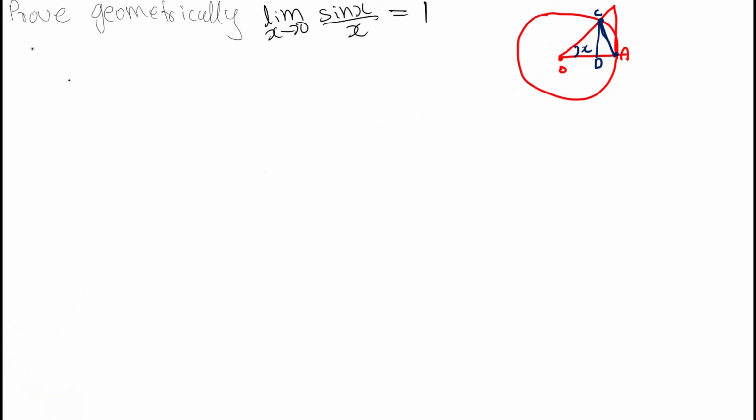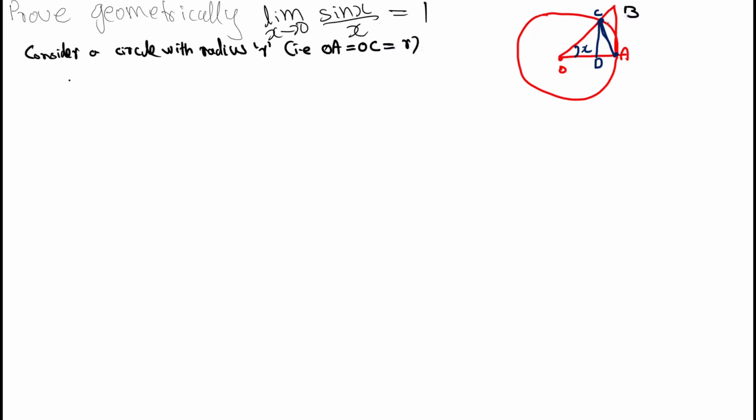First write, consider a circle with radius r. That is, OA value is equal to OC value is equal to r.